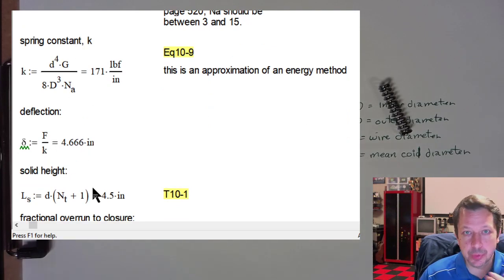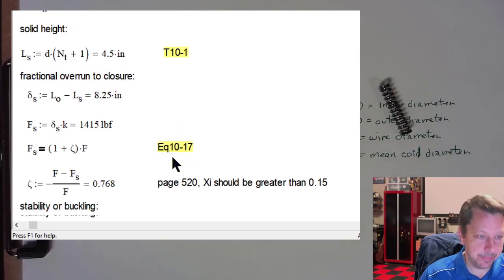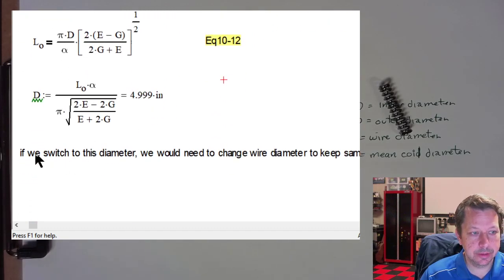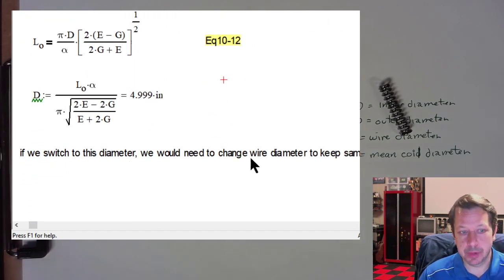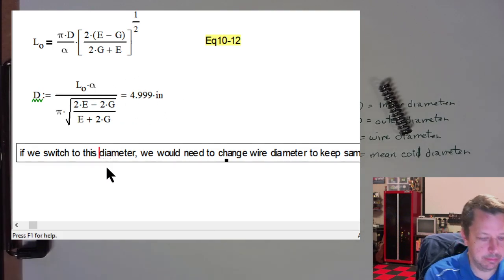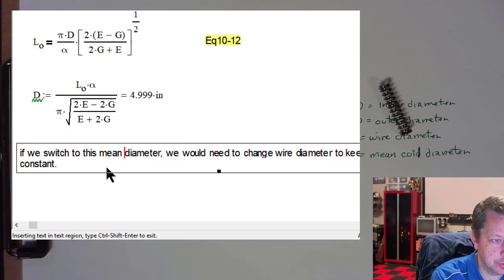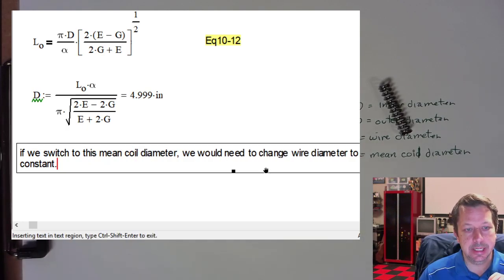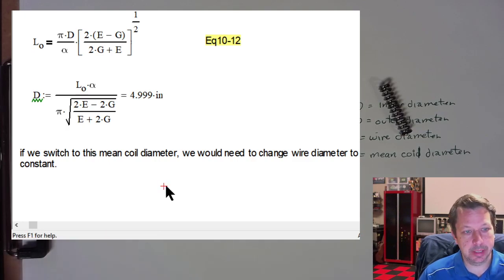So it changes pretty much everything about the way the spring acts, particularly the spring constant we might not want to change. So if we switch to this mean coil diameter, then we would need to change the wire diameter to keep the same spring constant.